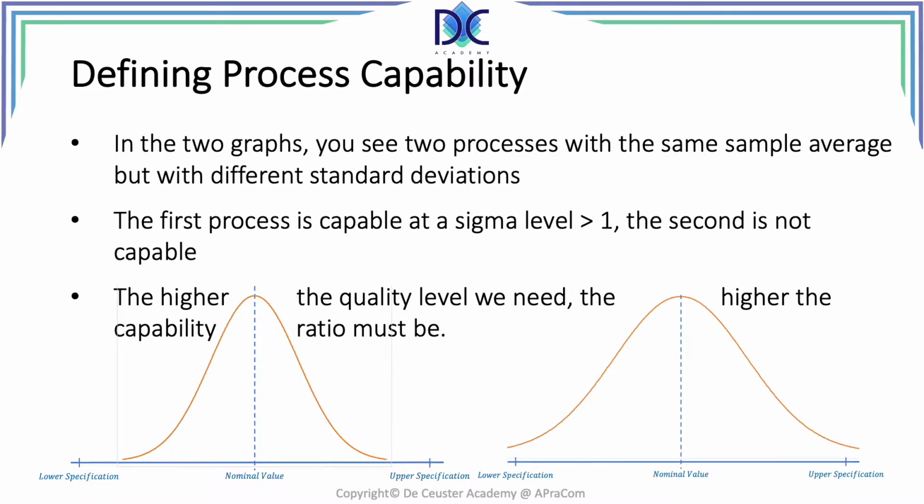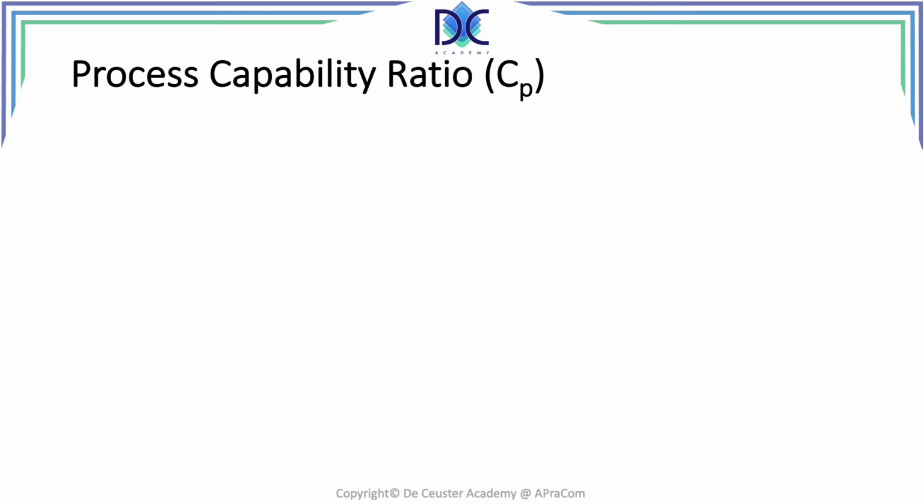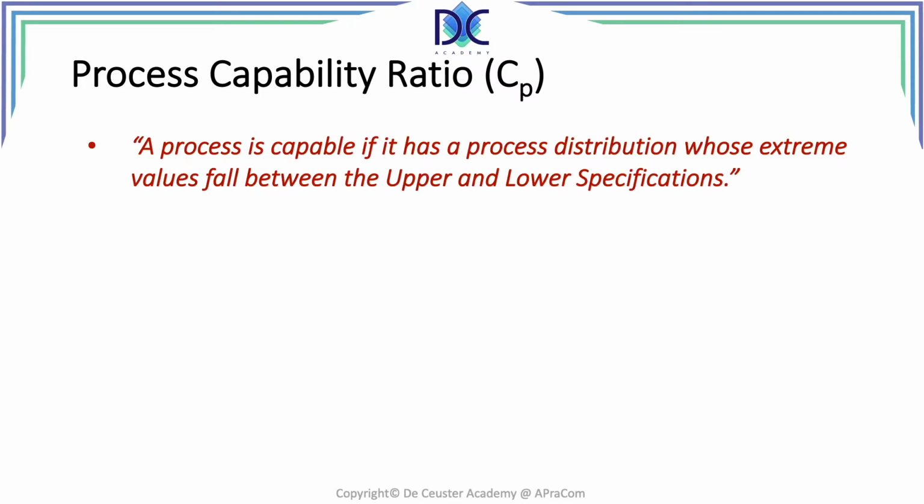We can express that by the process capability ratio. And the process capability ratio, Cp, is defining the capability of a process. A process is capable if it has a process distribution whose extreme values fall between the upper and the lower specifications.